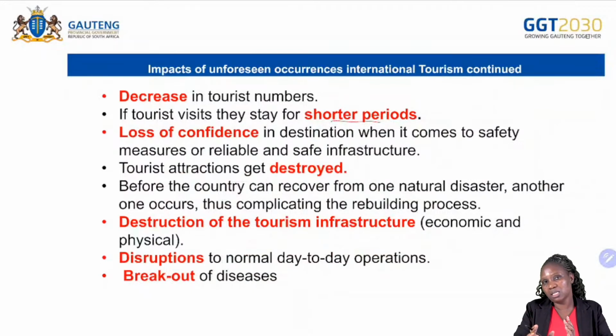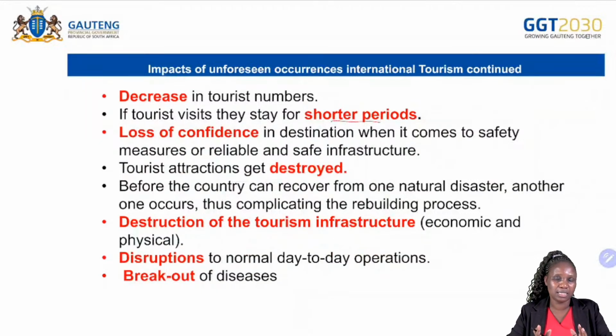The tourists won't be confident enough because there is loss of confidence in the destination. They are not sure whether it is safe to travel to a certain area. Therefore, they would rather not go to an affected area.